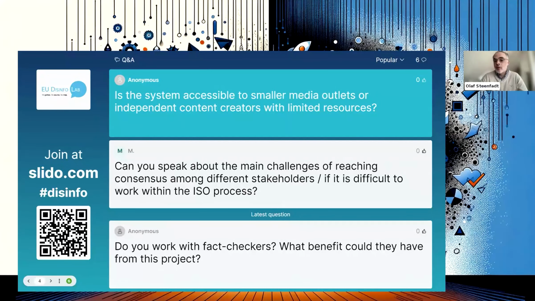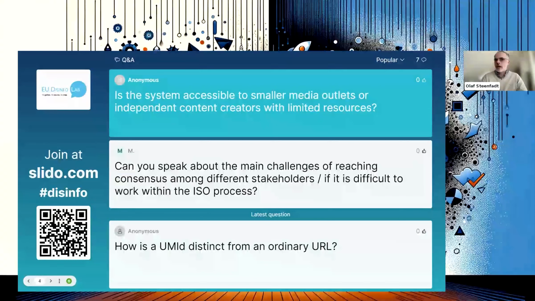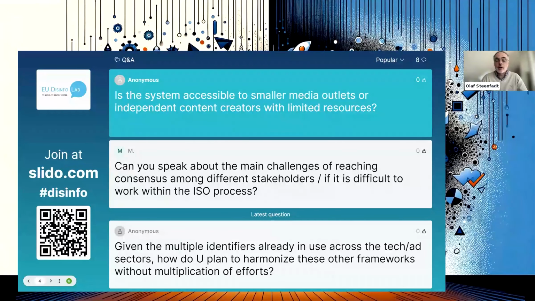So this means anyone can get it equally, regardless of size. And by the way, also, and this is an important point, like I mentioned earlier, not only legitimate media outlets should get an identifier, but also bad actors to be able to handle them properly, if that makes sense.